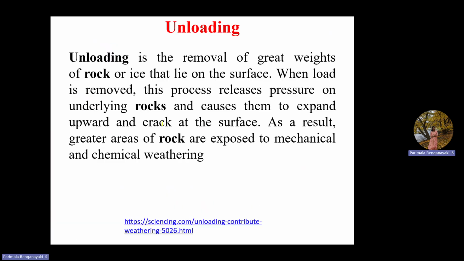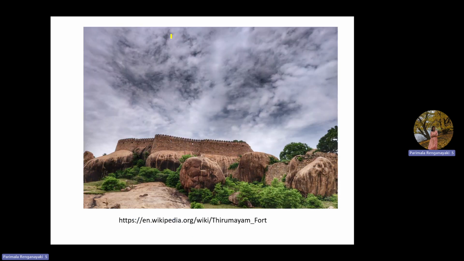Then the next thing is unloading. Unloading is one kind of mechanical weathering. Before going to unloading, assume this is a surface. Above this surface, a massive rock is present.